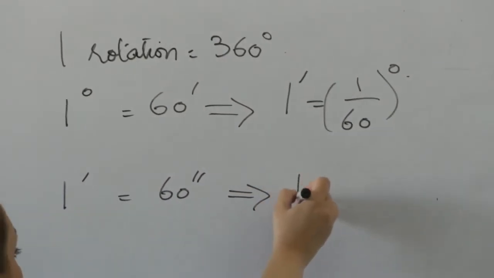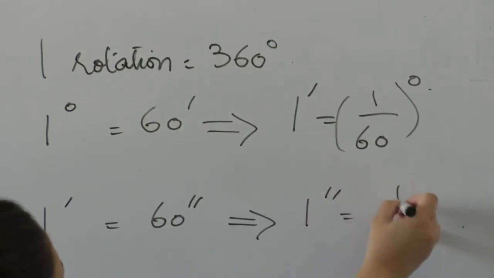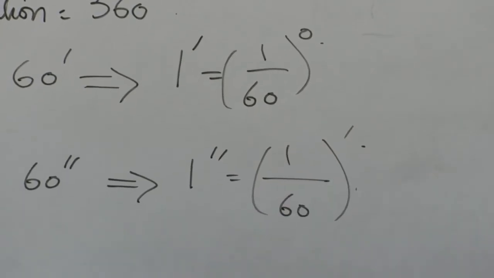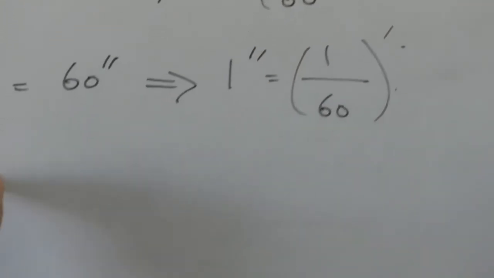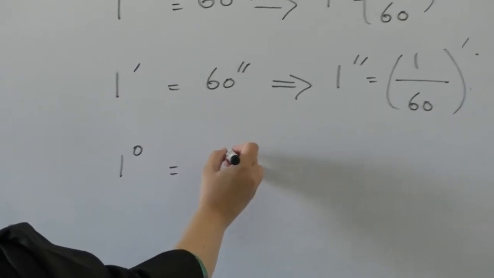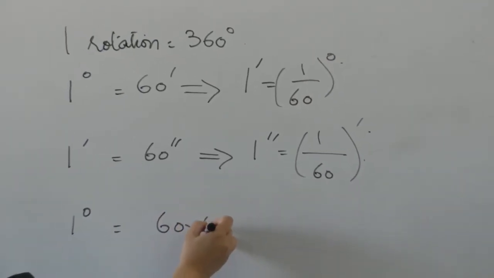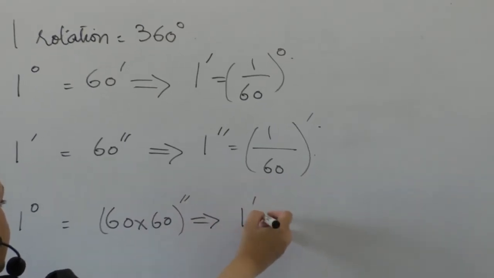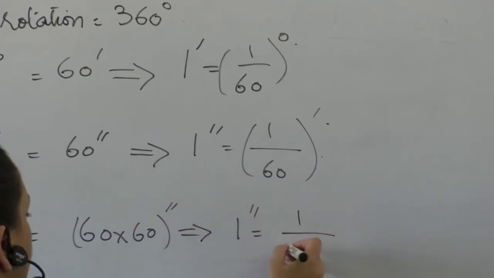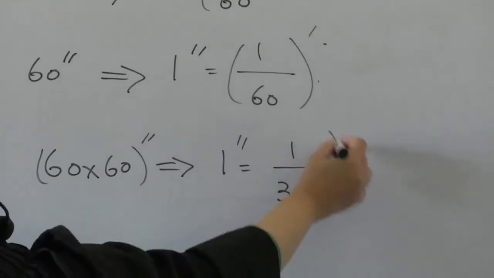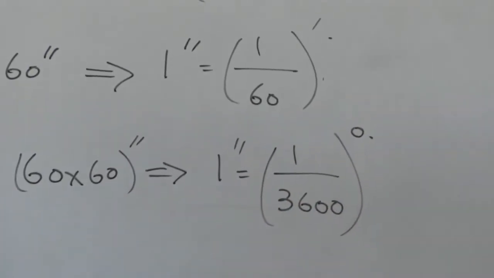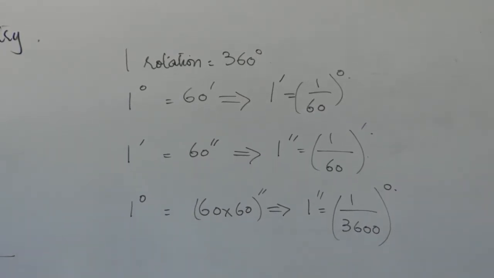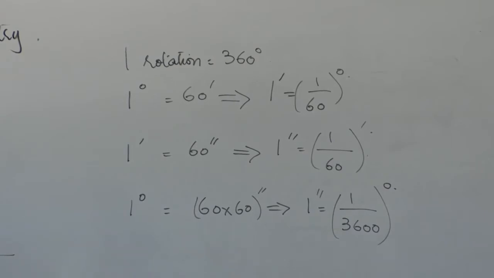This implies that 1 second is equal to 1 over 60 minutes. And 1 degree is equal to 60 into 60 seconds. This implies that 1 second is equal to 1 over 3600 degree. So students, we will use these three conditions to solve our question.